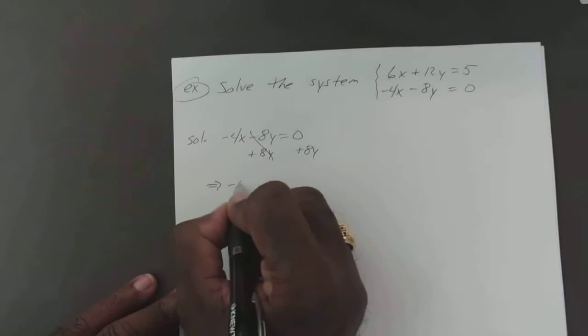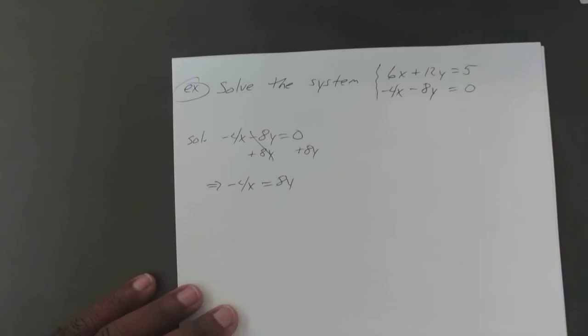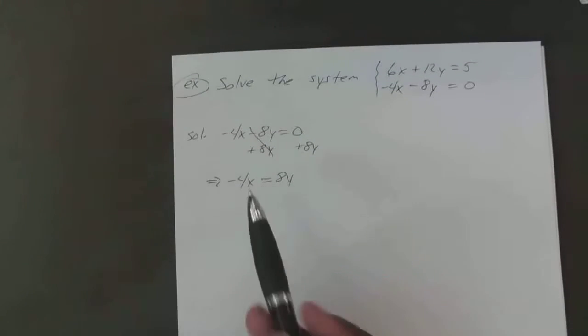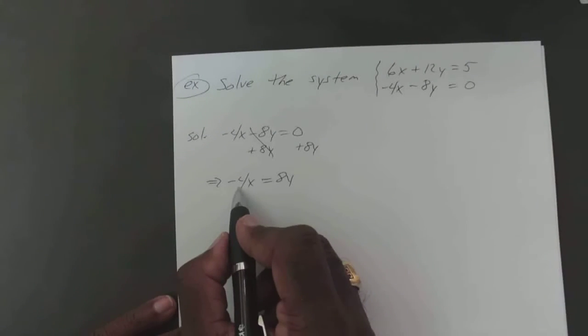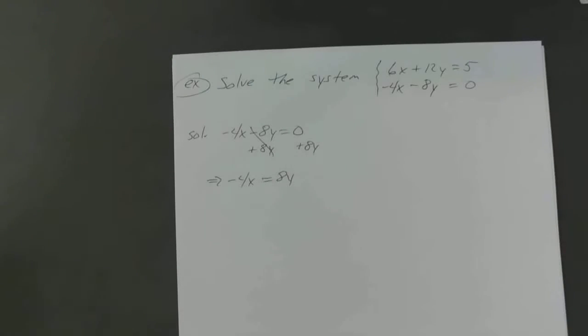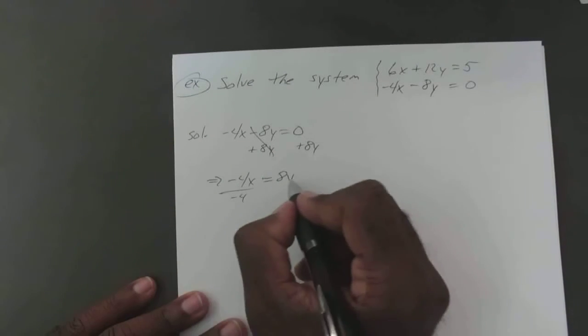So that leaves us with negative 4x equals 8y. Now if we want to solve for y, we just divide both by 8. If we want to solve for x, we divide both sides by negative 4. We can do either one. So since dividing by negative 4 will give us a whole integer and not a fraction, we divide both sides by negative 4.